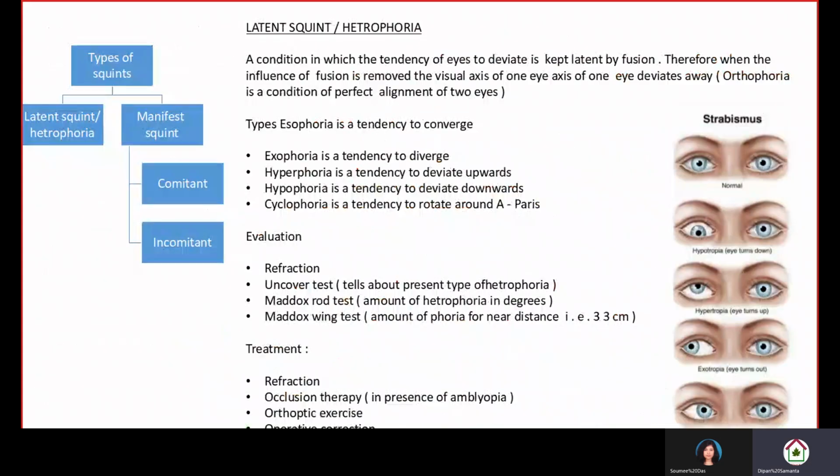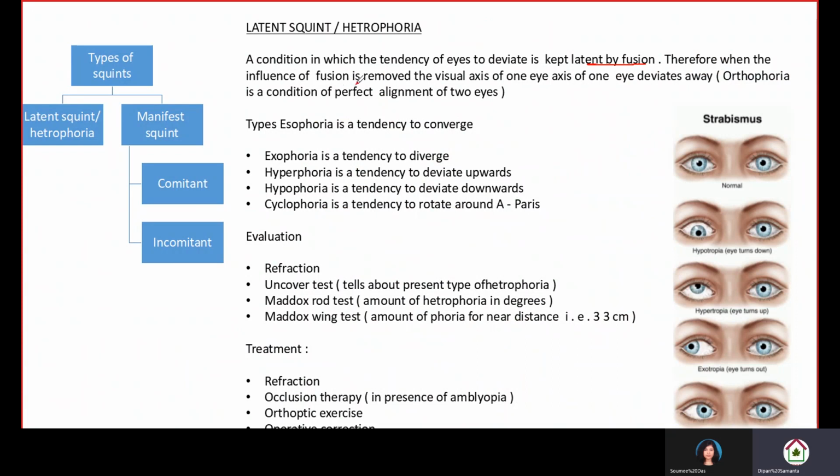Okay, so next question. Next we have heterophoria. What is heterophoria? A condition in which the tendency of the eyes to deviate is kept latent by fusion, latent squint.